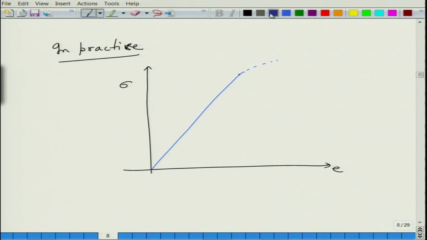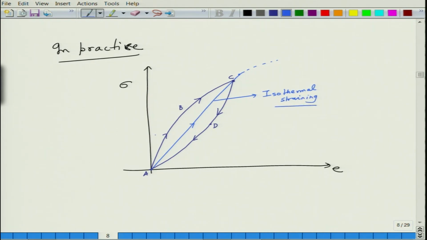So, you start from A, go via B to C, and then come through D to A. Okay. So, this is the path that we will follow in reality, and this is the path which you can say is the isothermal, and these are the real.